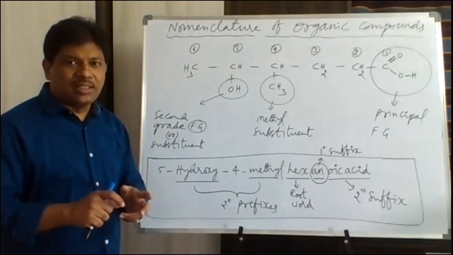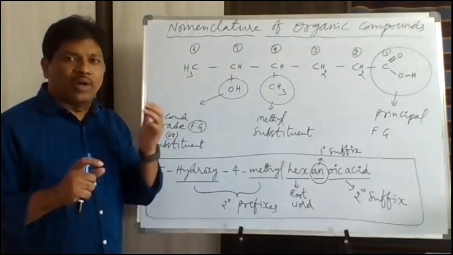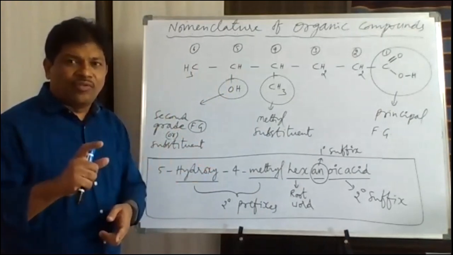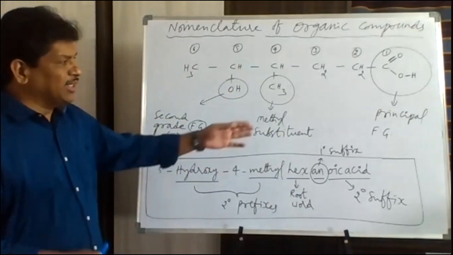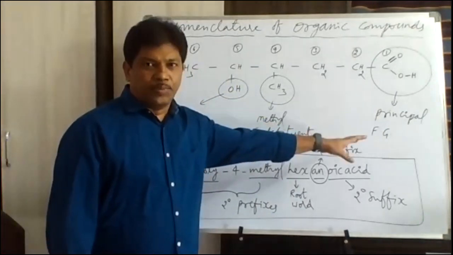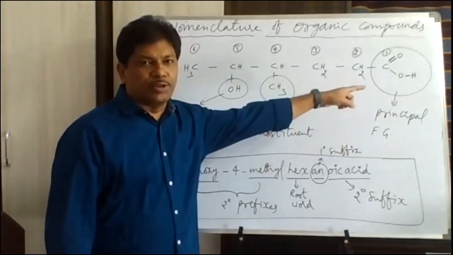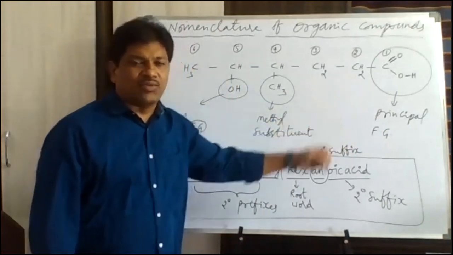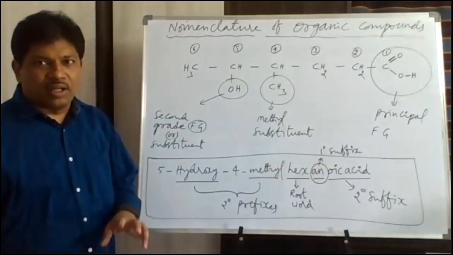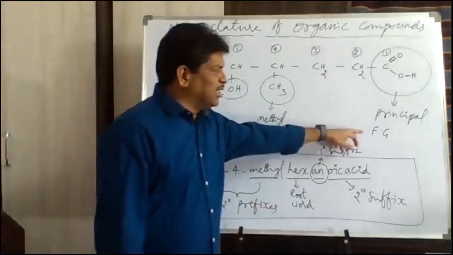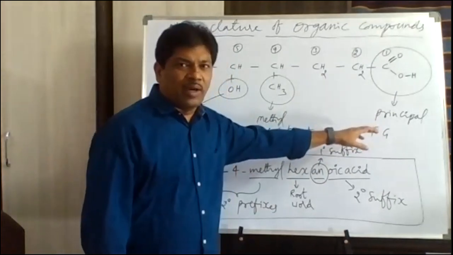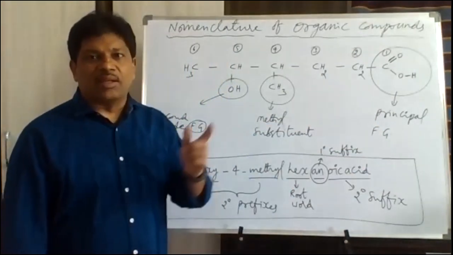First try to understand that if there are two or more functional groups, only one functional group will act as the principal functional group. The COOH group in this given structure acts as the principal functional group. The name of the principal functional group is given by the secondary suffix.